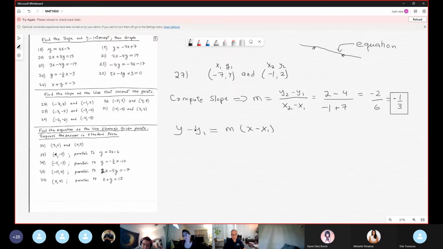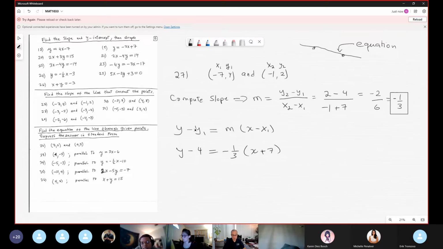By the way, you have 2 points, and you can select either. It doesn't matter if you select the first or the second, you get the same answer. I like to select the first always because it's 1, no? But it's okay. y minus y1 is 4. Negative 1/3 is the slope. Parenthesis, x minus x1 is x plus 7. Double minus, the minus of the formula and the minus of the value together become positive.